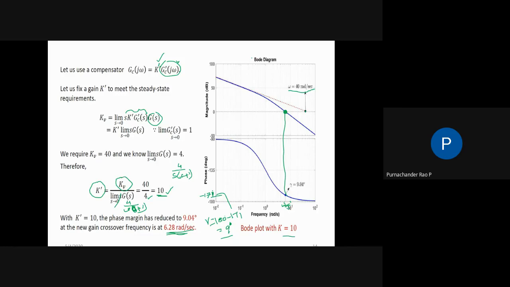Then we need to see the complete transfer function, which is in the form of 1 plus s into t divided by 1 plus s into alpha into t, which we have to design. Here we need to find the value of t and the value of alpha, so that you can get the complete transfer function of a lead compensator.